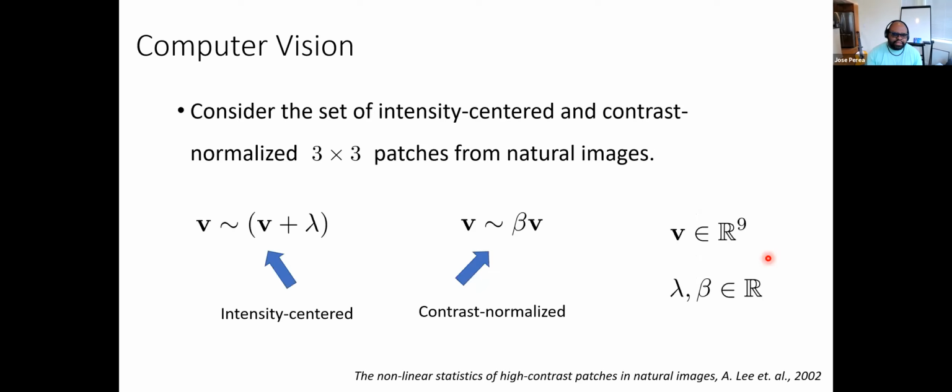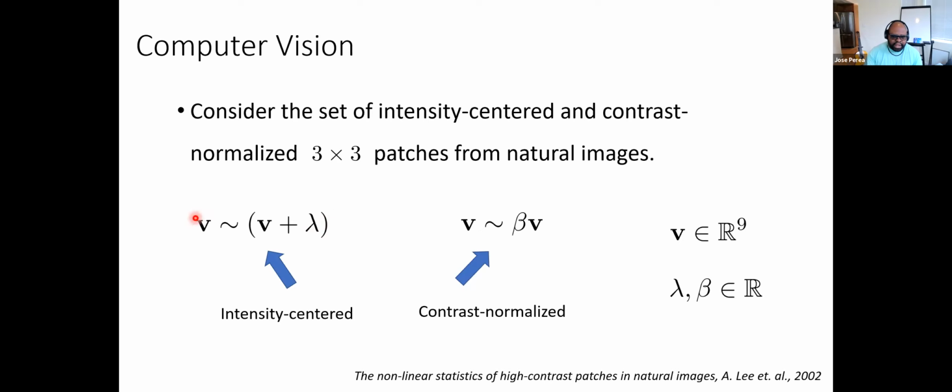So they did the following two operations to this data set. They deemed two of those patches to be similar if they differed by a constant, right? So they center by intensity, and then said, we're gonna take two of those patches to be similar if we can normalize by contrast and we get the same thing, right? So we're doing two transformations.